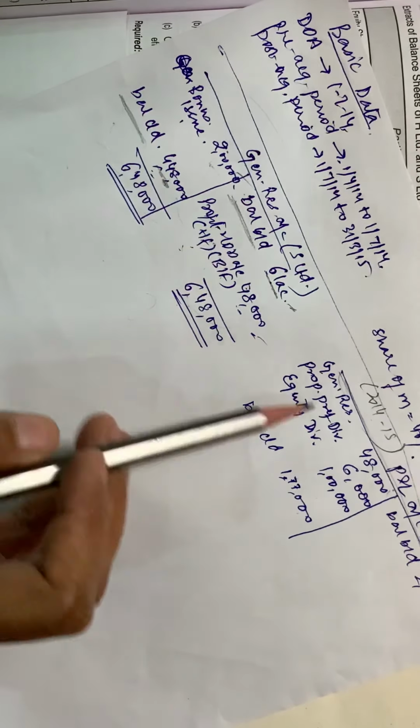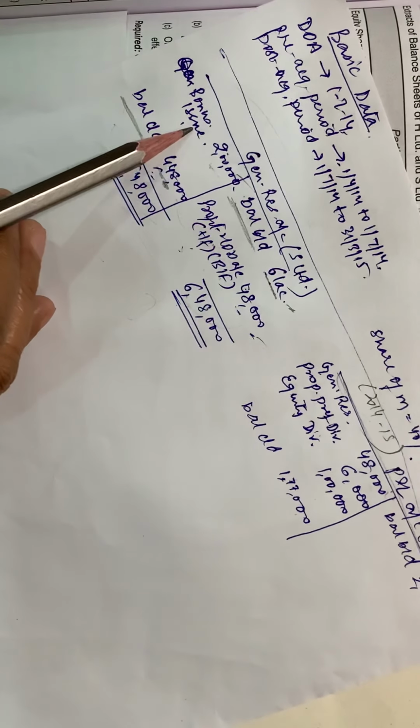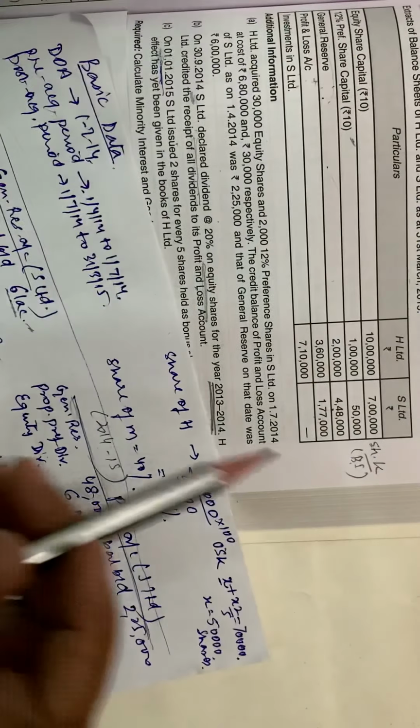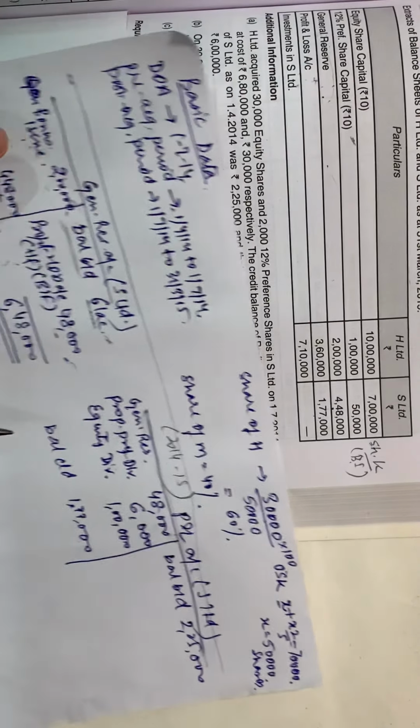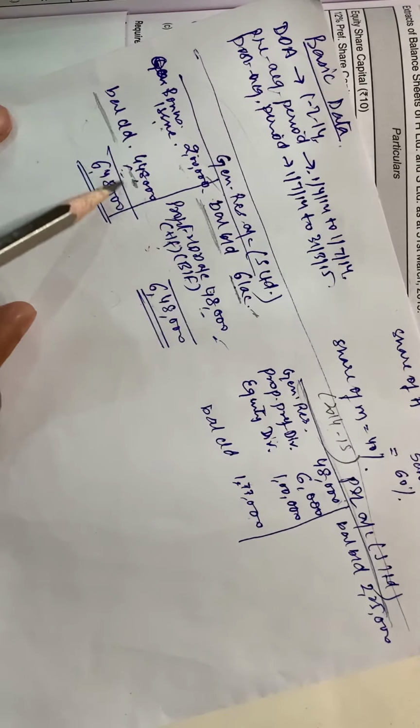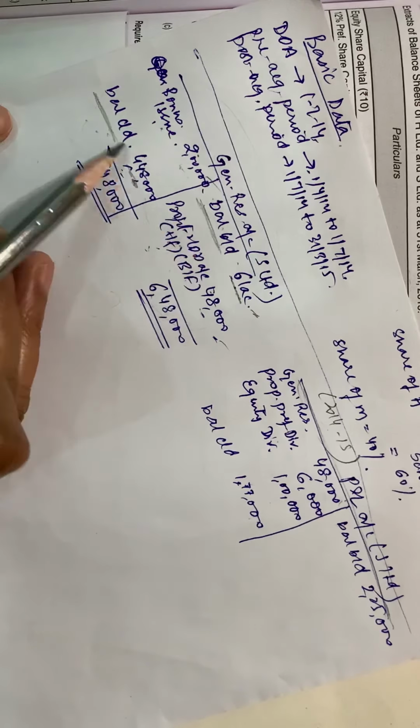This will get reflected over here, and this bonus issue is already reflected over here. Once you have reflected both these items, then your balancing opening balance and closing balance was this.